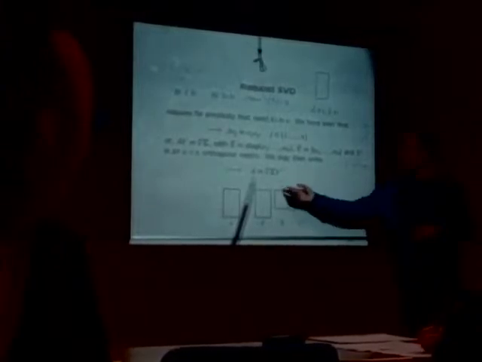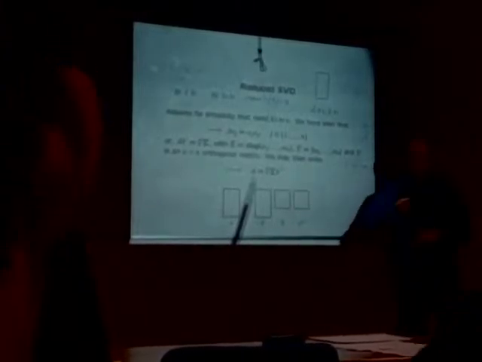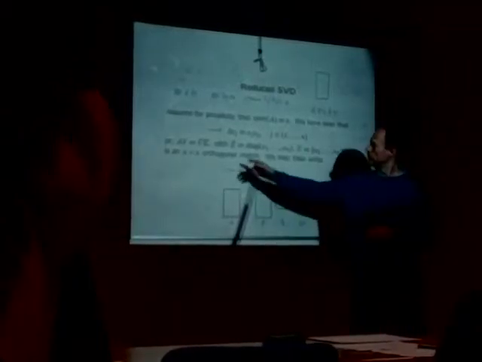And V is the same as U, so the columns of V are what I call the right singular vectors, Vj.